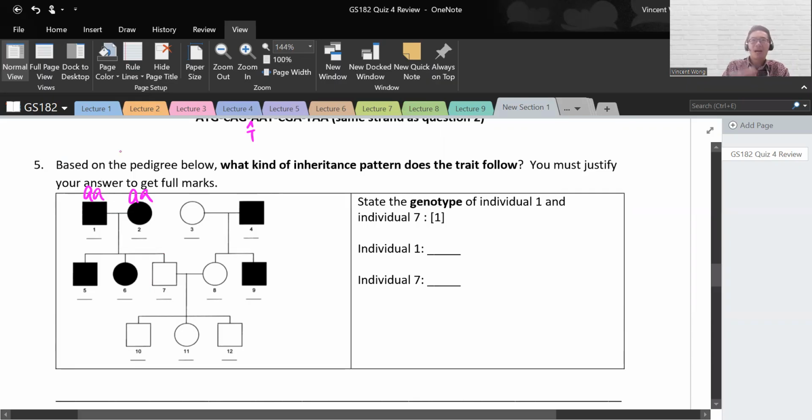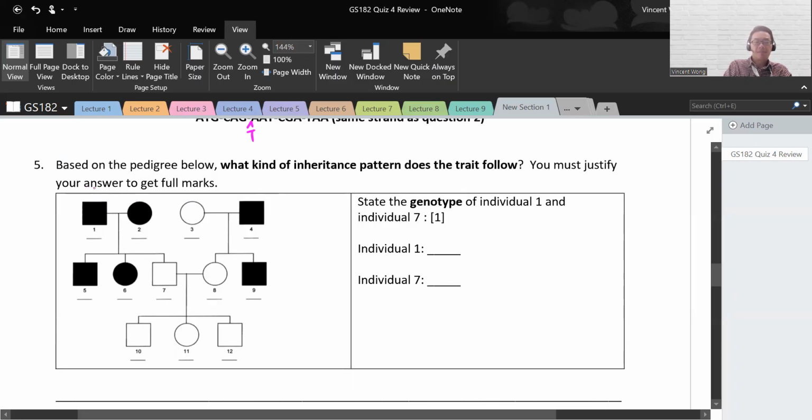Because they can only pass on the recessive trait. But when we take a look at their kids, number 5 and number 6, they have the trait, which follows the logic here. But number 7 does not have the trait. So that tells you it's impossible for this trait to be recessive. For it to be recessive, you would expect number 7 to also express the trait, right?